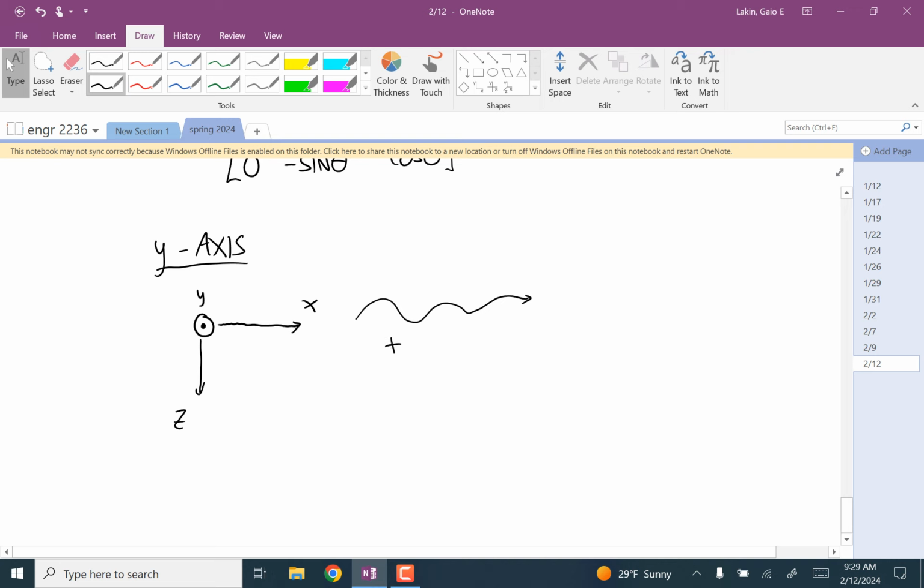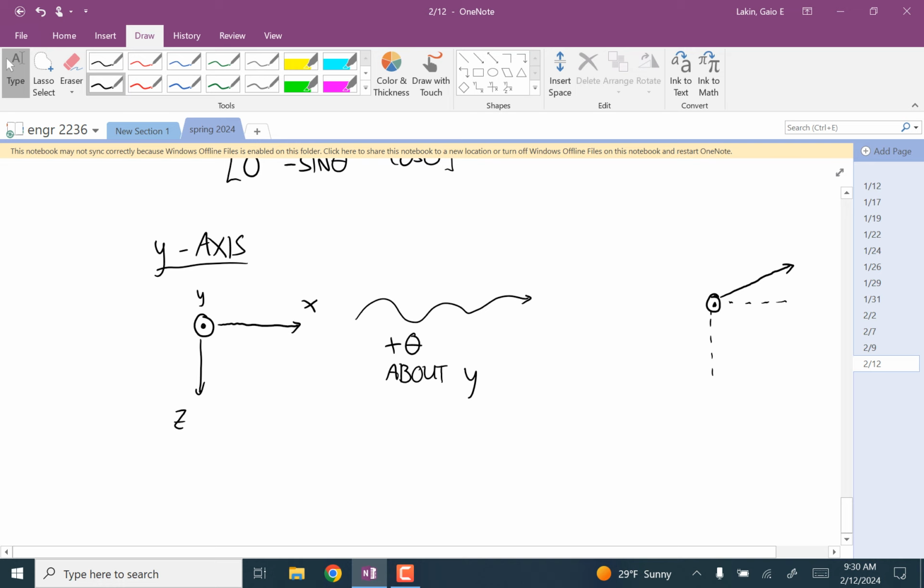Say we're going to rotate an angle of positive theta about the y-axis. This rotation has to go along with the right-hand rule, so put your thumb in the direction of the y-axis.